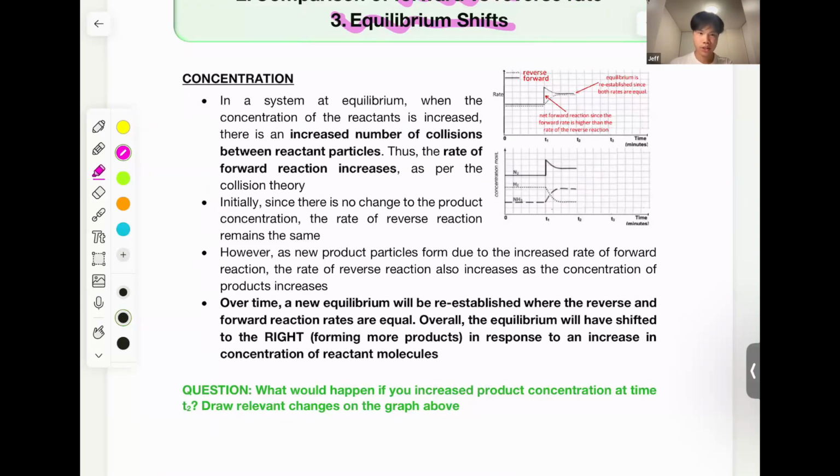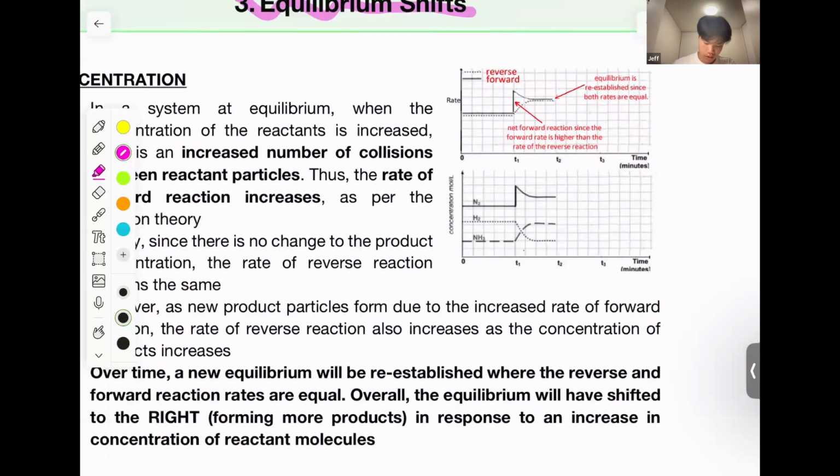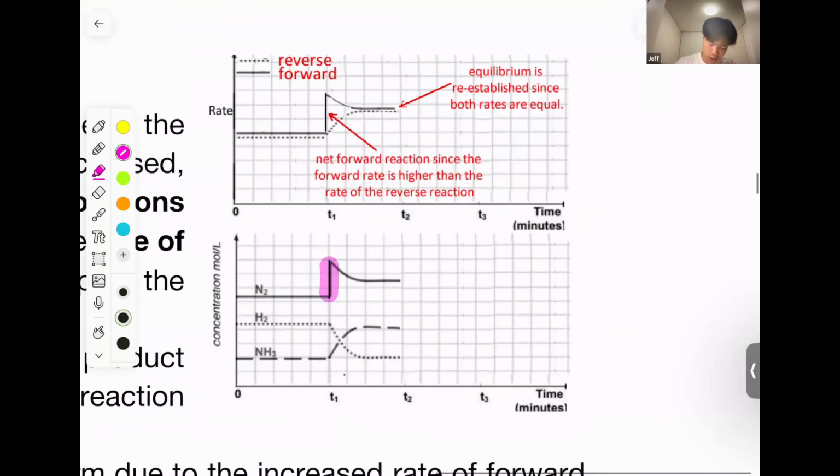For concentration, in this system, you see nitrogen increase in its concentration. That meant that the concentration of reactant, which in this case is nitrogen, has increased, and hence the forward reaction rate increases because there are more frequent collisions.